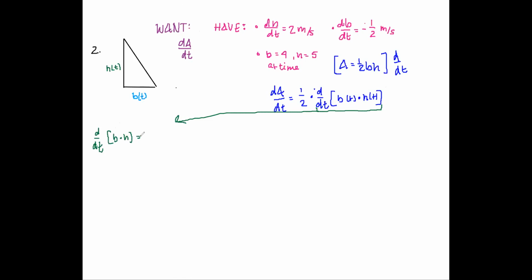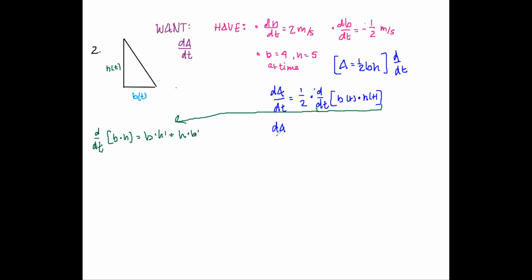And so what is this equal to? What is the product rule? So we have b times h prime plus h times b prime. All right, so I'm going to rewrite this again in the blue.